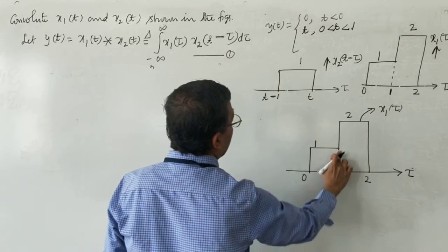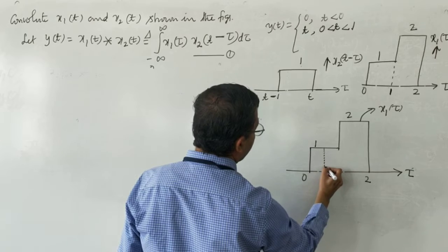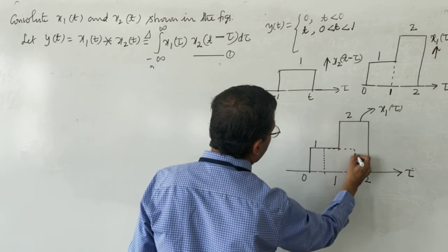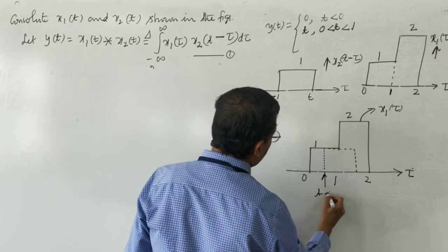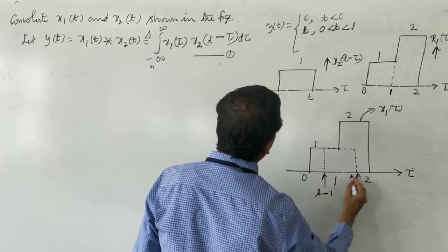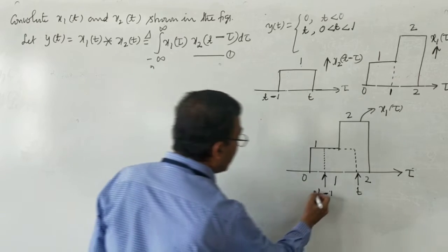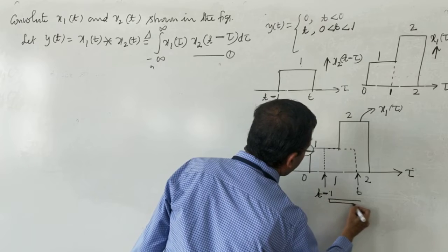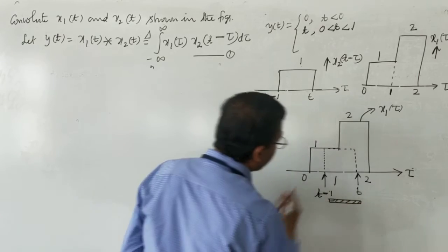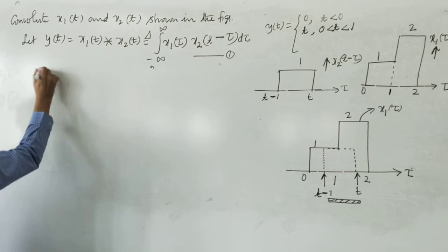Now this figure, I'll push it against this figure. So this could be the scenario. This edge is at t minus 1. This edge is at t. Now where is the overlap? Overlap is between t minus 1 and t. This is the overlap.